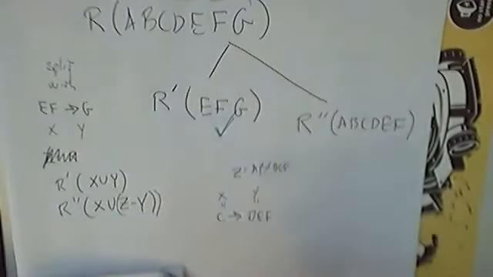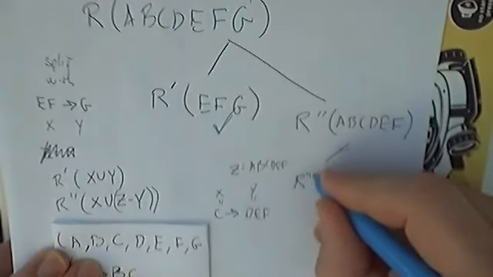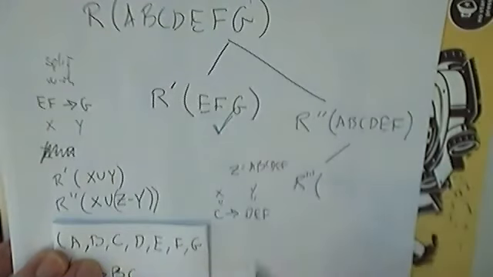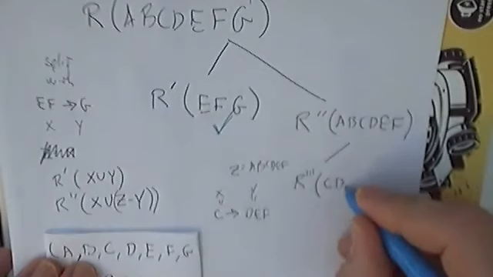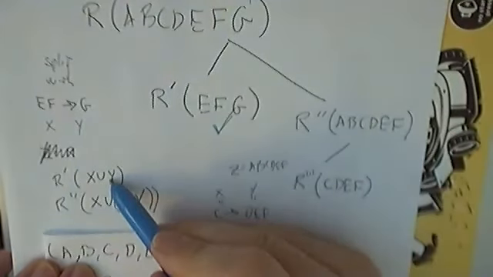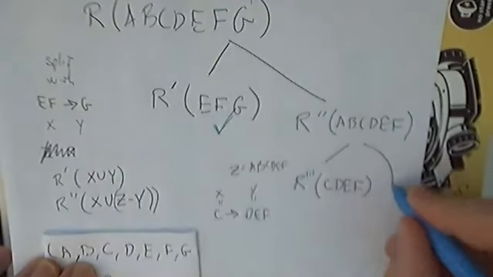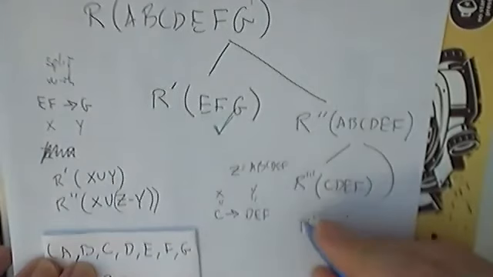Okay, now we're going to split that into two subrelations, and we'll call that R triple prime. The first thing that R triple prime is going to have is C, D, E, F. That's X union Y. And then the other one is going to be R4 prime.